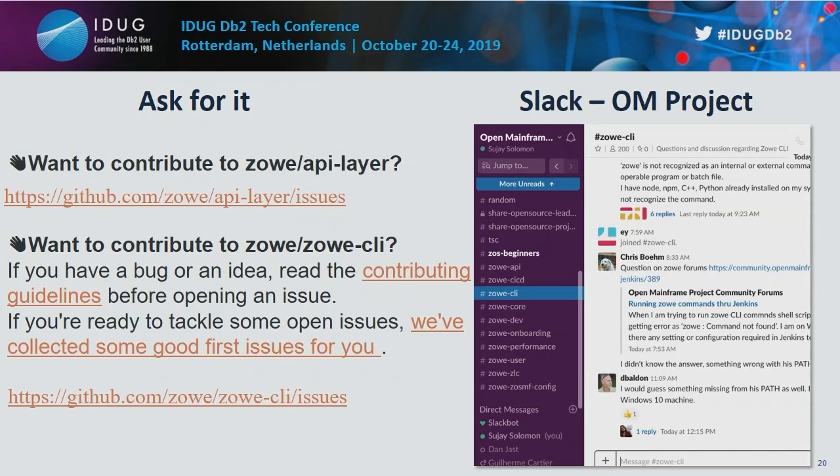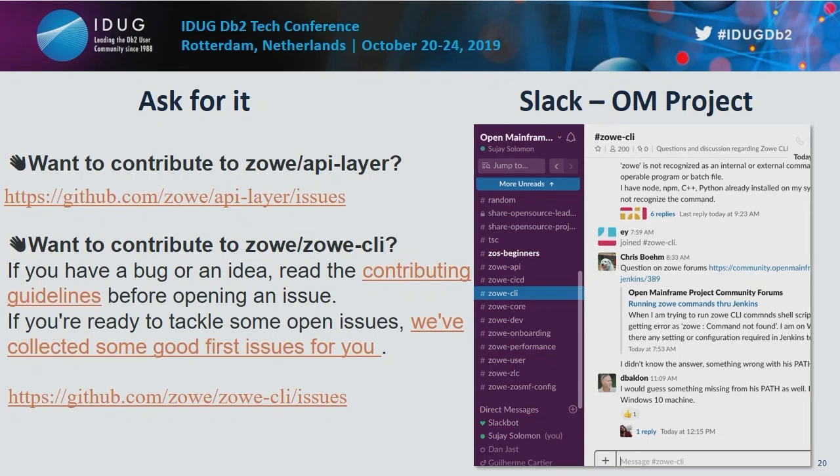But yeah, same as in Jira, everything is a problem, right? So anyways, if you really want something, you can create a pull request and become one of the contributors. And I see the Zowe CLI guys also are giving a hint to the contributing guidelines, and perhaps the first thing you can do is tackle some open issues, and they collected some first issues for you.